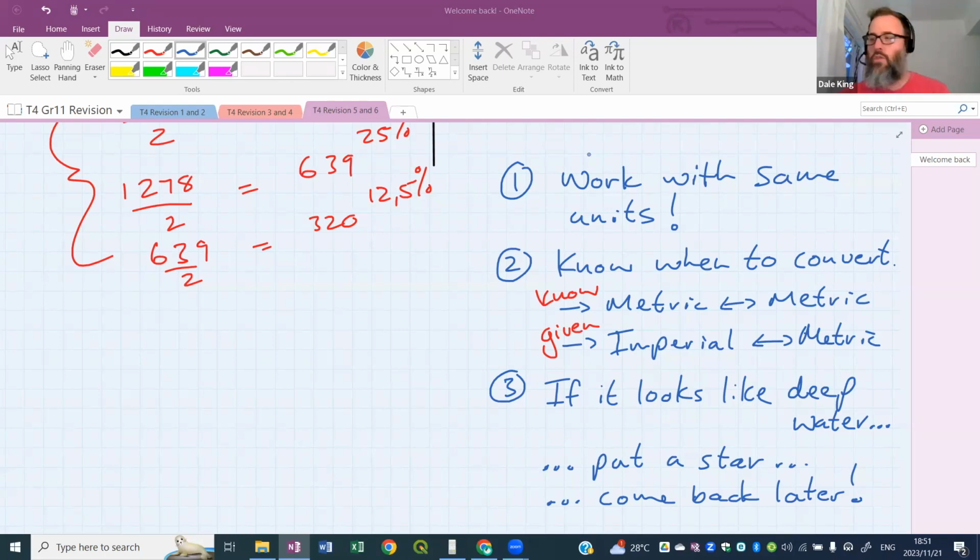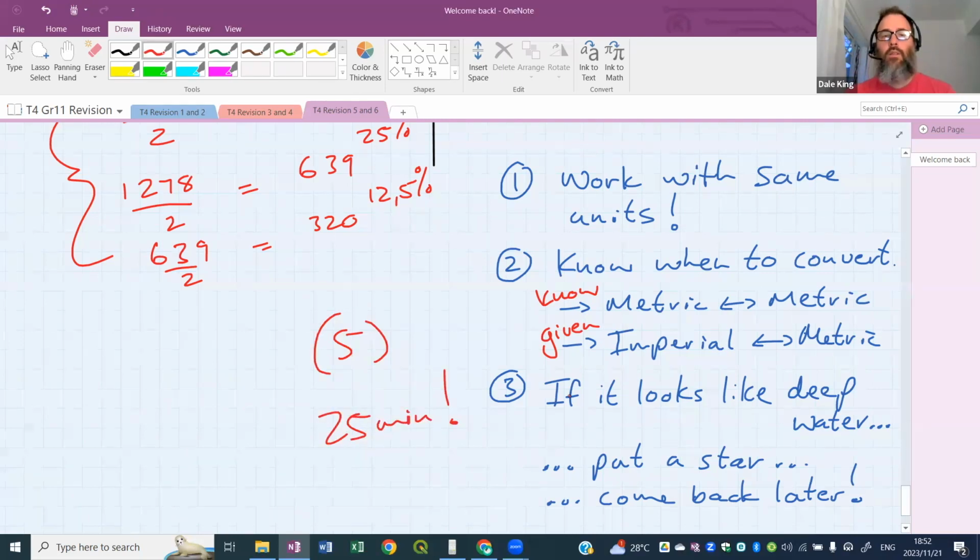So you have to try them if you want to get your 80s and 90s. So if you're not sure, you go back and make sure you do all the other questions well, and then you come back. There's no point in sitting on a 5-mark question for 25 minutes. That's a waste of time.